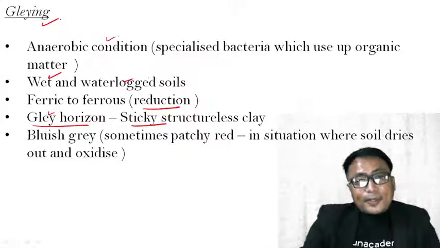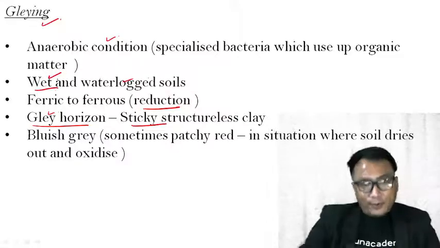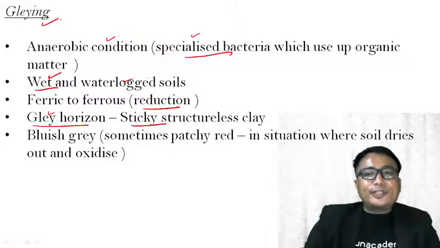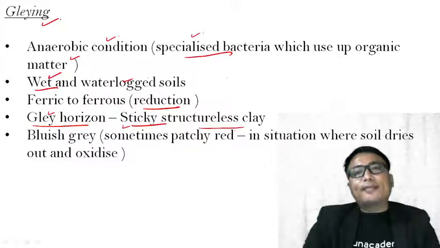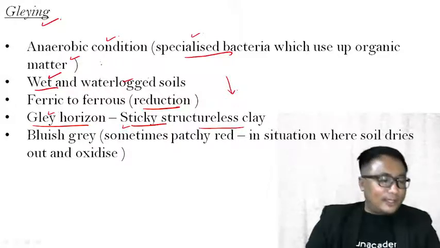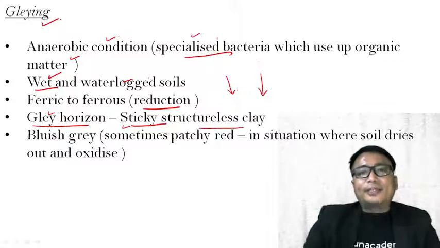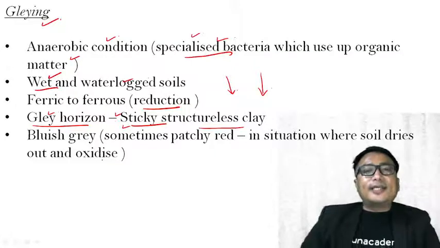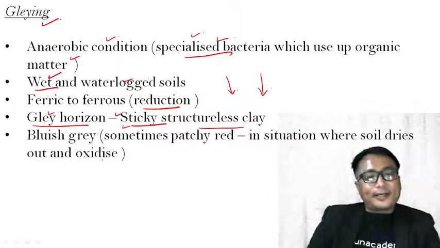In this anaerobic condition, where the soil is waterlogged or a bog soil, special bacteria get activated which use up the organic matter, resulting in the formation of this sticky structureless clay in the process of deficient oxygen. This is known as the gley horizon, and the process is known as gleization.